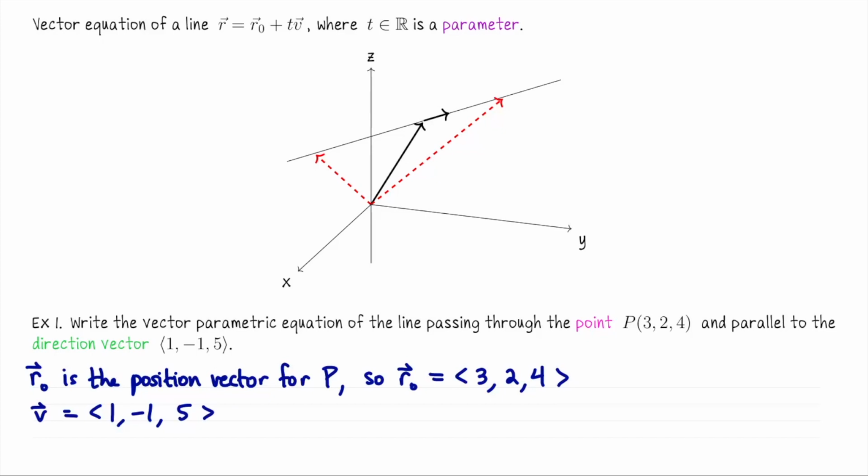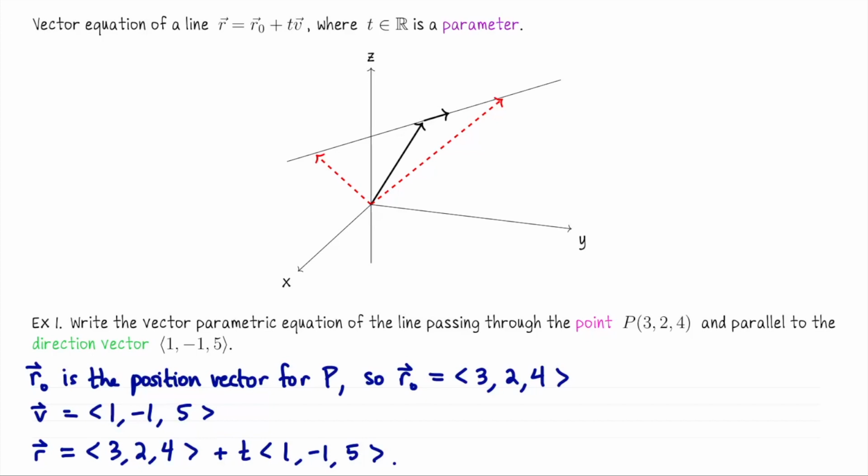That's what's giving us our sense of direction. For every 1 unit you move in the positive x direction, move 1 unit in the negative y direction, and go up 5 units in the z direction. That's our direction that we travel when we travel along this line. Okay, so now we can say our line is r equals r naught, so 3, 2, 4, plus t times v, so 1, -1, 5.